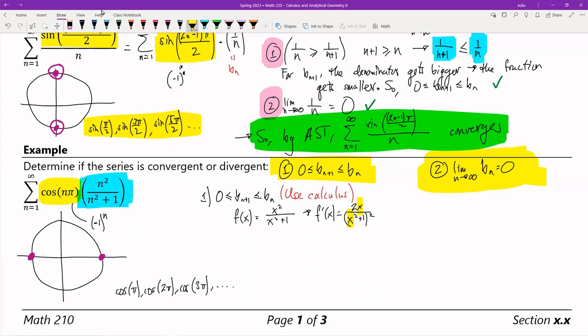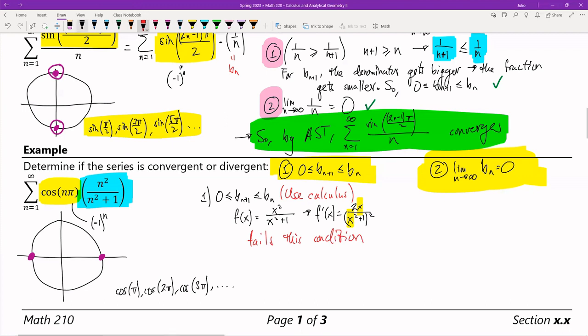So if we plug in anything 1 or bigger, f prime is going to be positive. Since it's positive, it's increasing, not decreasing. So it fails here.